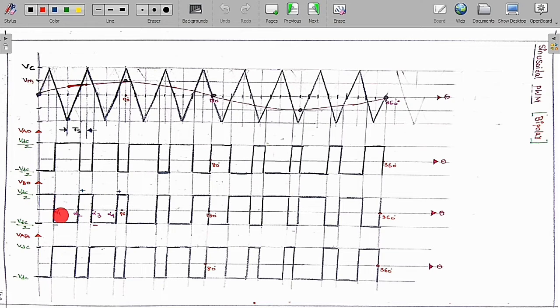It is going from plus to minus, meaning minus 2 cos n alpha 1. Again minus to plus means positive, plus 2 cos n alpha 2, and again minus 2 cos n alpha 3, again plus 2 cos n alpha 4. So this is the Fourier series coefficient of this expression.